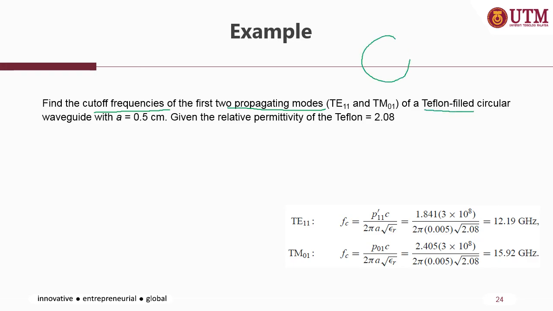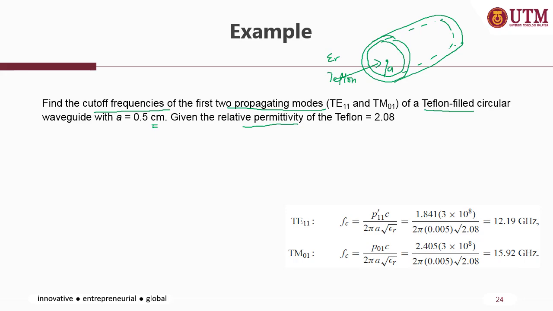So you have a circular waveguide filled by a Teflon dielectric material, and a is given as 0.5 cm. Again, please make sure you consider the unit in your calculation. The relative permittivity of the Teflon is given as 2.08, so epsilon r for the Teflon is 2.08.